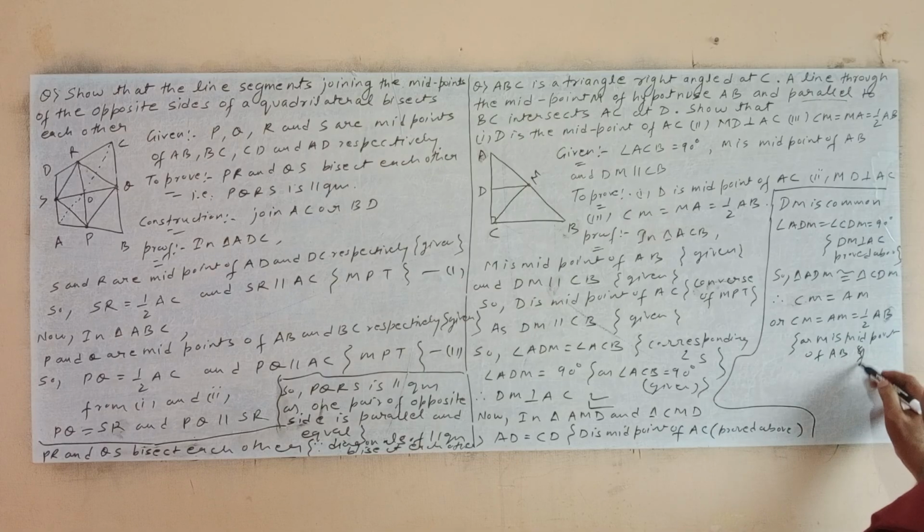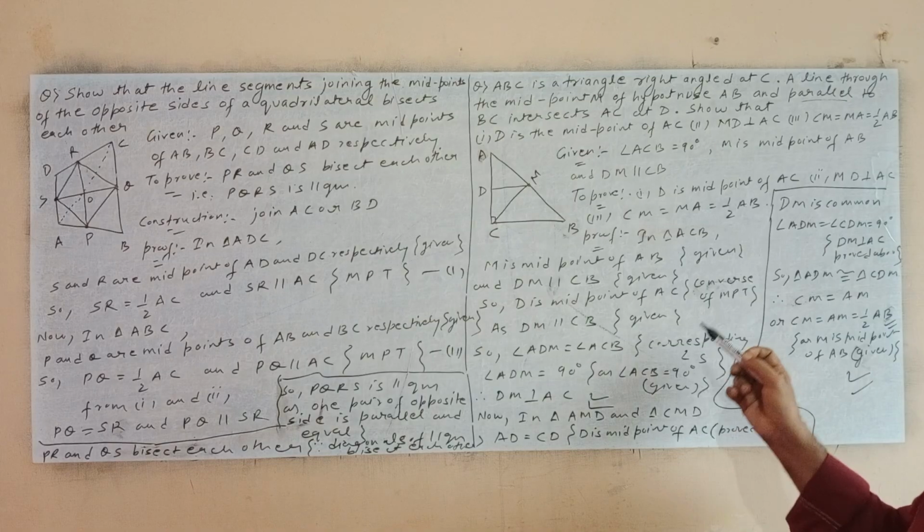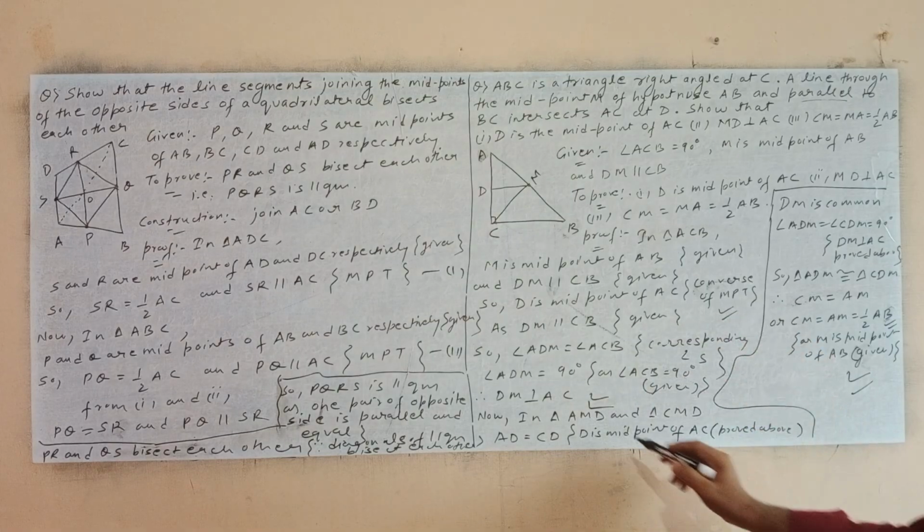Okay, it is given. So in this way you will prove all the things. See, this one is the third one. So first one was this one, second was this one, and third one this one. So in this way you will write the solution of the given question.